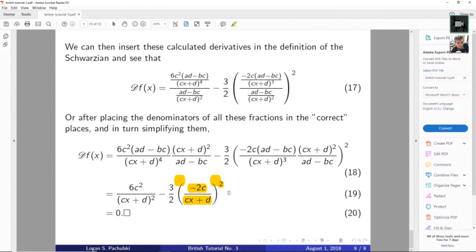We don't need to FOIL. And we can distribute the negative 3 over 2 to the top and bottom to get on the top that it is equal to 6c squared over cx plus d squared. And that zeroes out relative to our left element here, and we get 0.